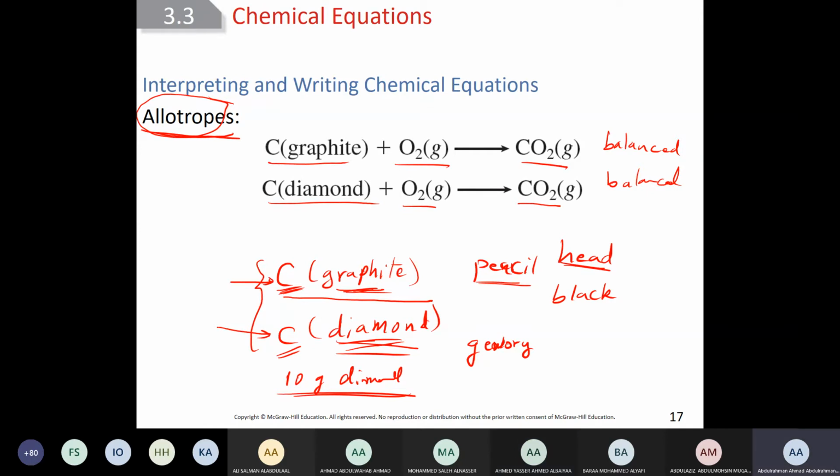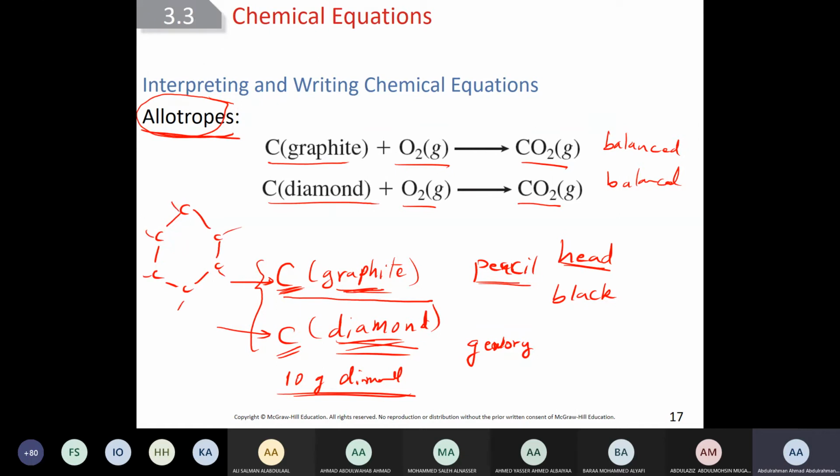We'll take this in chapter 9, how the structure differs between them. This is in chapter 9, not now. We'll talk about it later on. But they are different. They consist only of carbon, but how the carbon is arranged is different. In graphite, for your information, the carbon is arranged like this, and it continues everywhere.